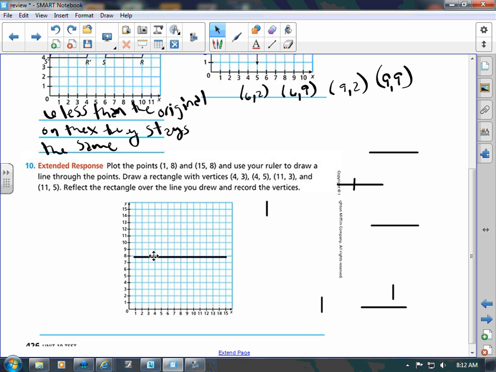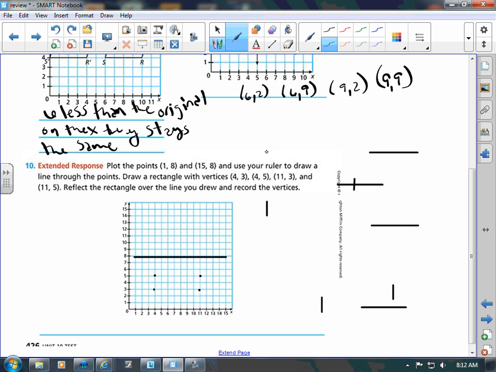So I'm going to draw a rectangle that goes 4, 3, 4, 5, 4, 11, 3, 11, 3, and 11, 5.